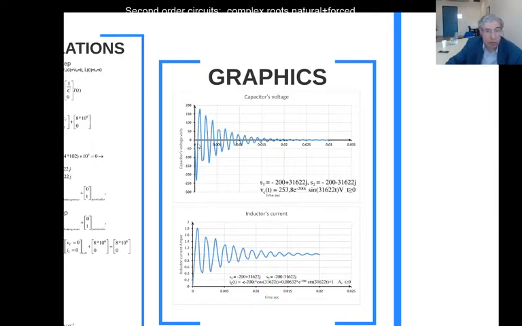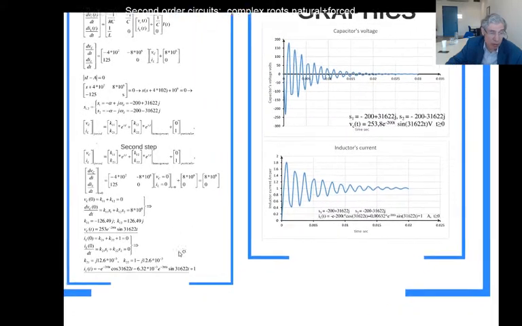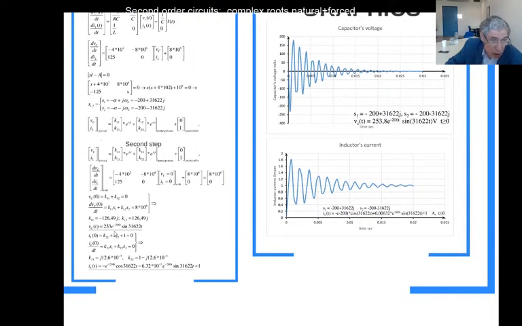So in this specific example, our capacitor voltage becomes 0. How did I say that? Here you are. This is a sinusoidal function. This is an exponentially decreasing function. Because of that exponentially decreasing function, when you get to t equals infinity, this is going to be 0. So that function becomes 0.